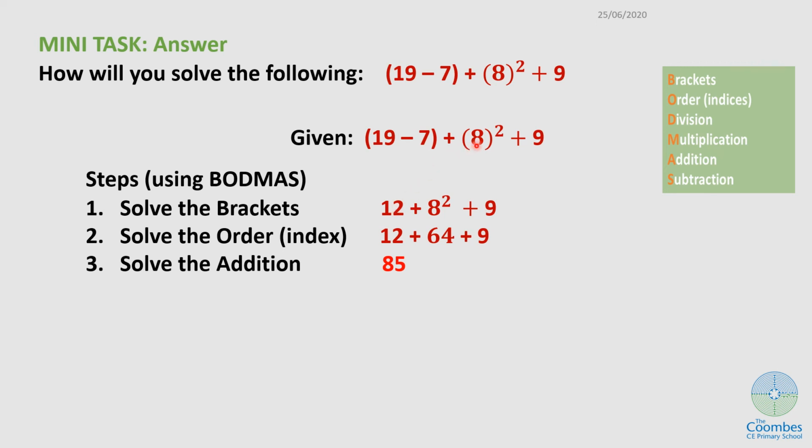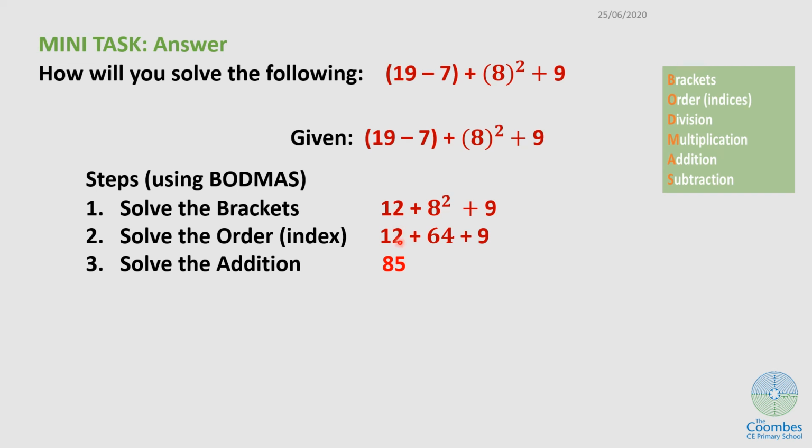And I've got my 8 squared. Then there's nothing to solve there. It's just squaring the 8. So it's 8 squared, then plus 9. Now, after using the bracket, I'll ask myself, are there any order or power, something raised to the power? Yes. I've got 8 raised to the power 2, so I need to solve that one too. So let me rewrite everything again.